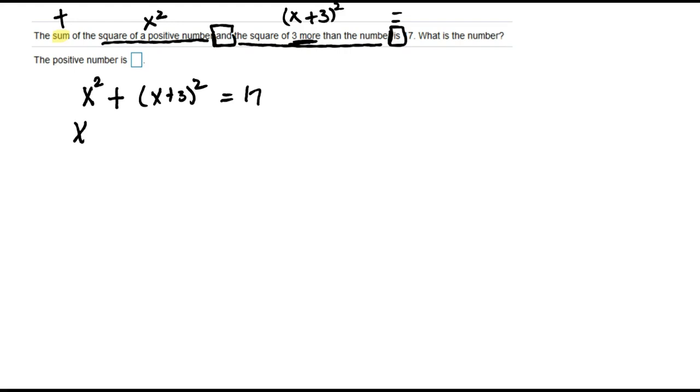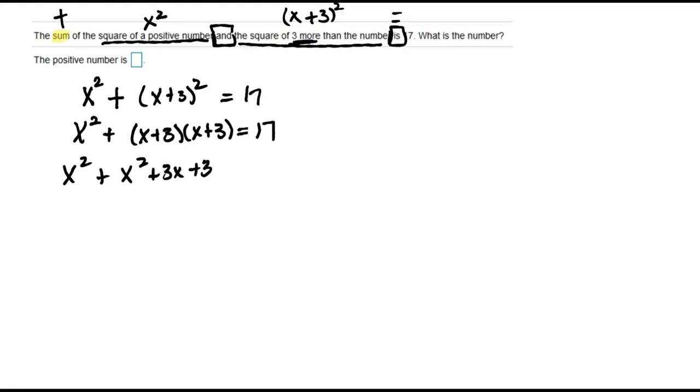I need to simplify first. X plus 3 squared is x plus 3 times x plus 3. So if I multiply that out, I would get x squared plus 3x plus 3x plus 9. I'll combine like terms.